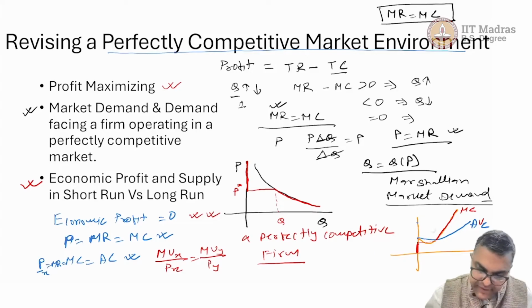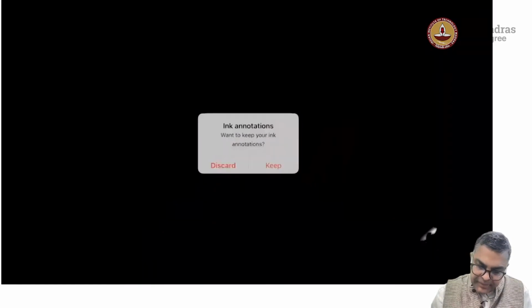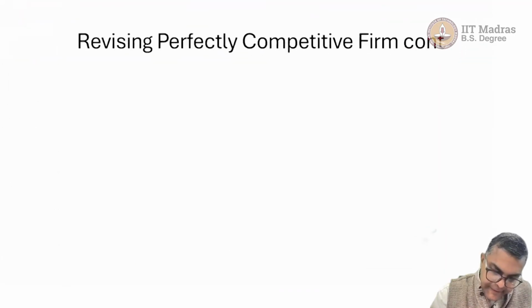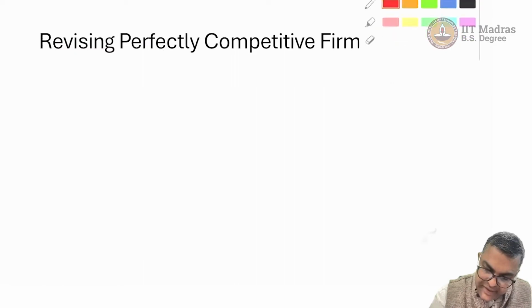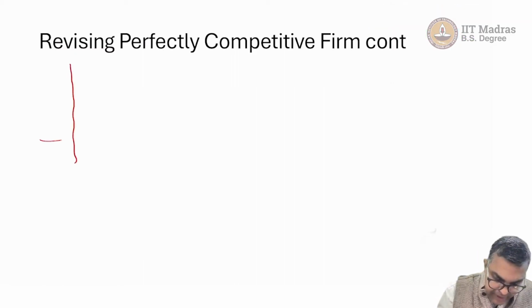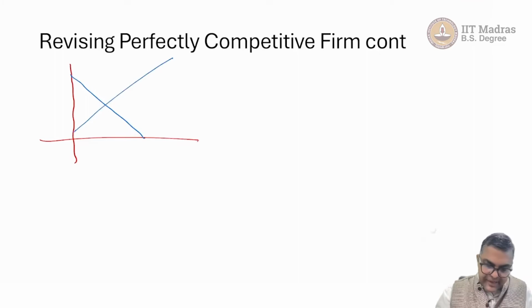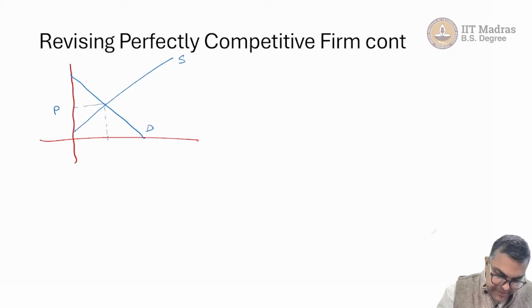Another thing that we figured out in the perfectly competitive market environment is how the price in the market is determined. You can look at the demand side of the story, and you can look at the supply side of the story. This is supply, this is the demand, and what we get is P star and Q star.